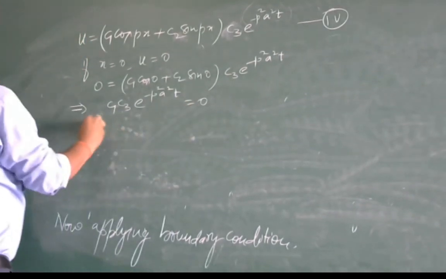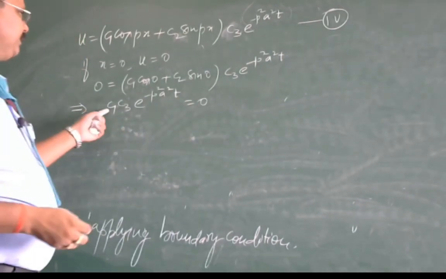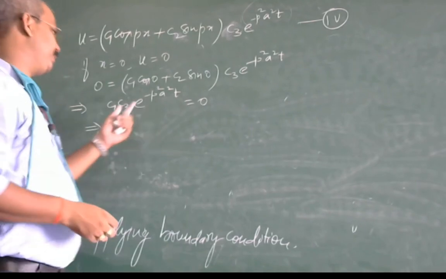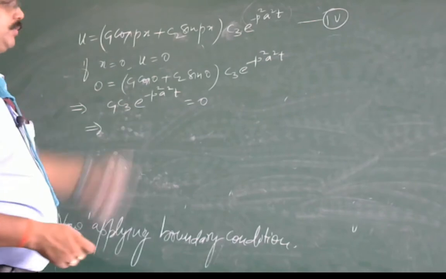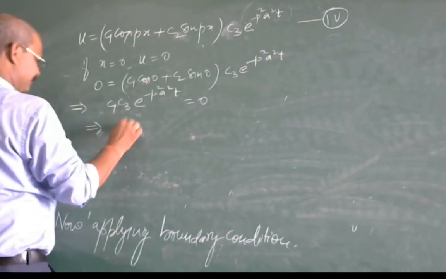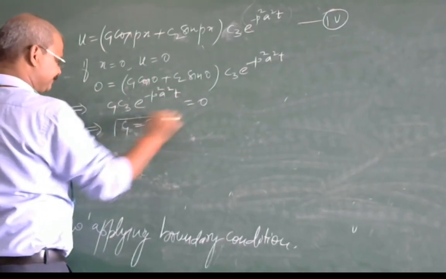This implies that C1, C3, and this cannot be 0, because whenever this becomes 0, the whole solution of equation 4 becomes 0. This implies that only C1 becomes 0.